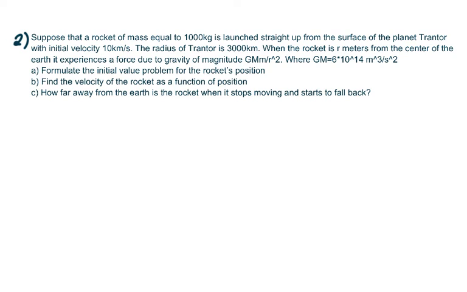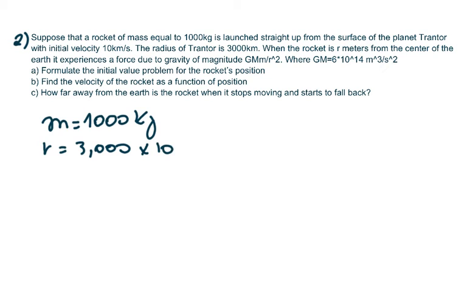So we are given that the mass is equal to 1,000 kilograms, okay? And then we know that the radius of Trantor is equal to 3,000 kilometers. Let's write it as 3,000 times 10 to the third meters, because we should stick to SI units.